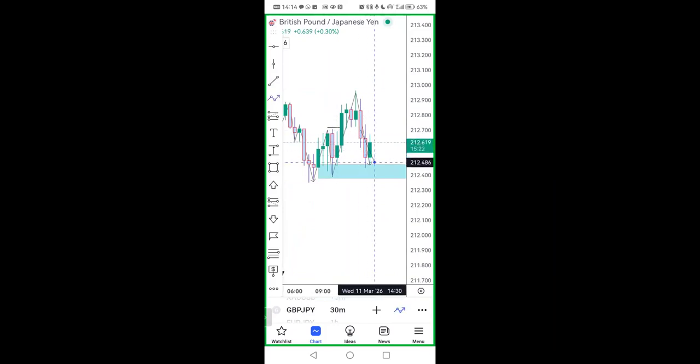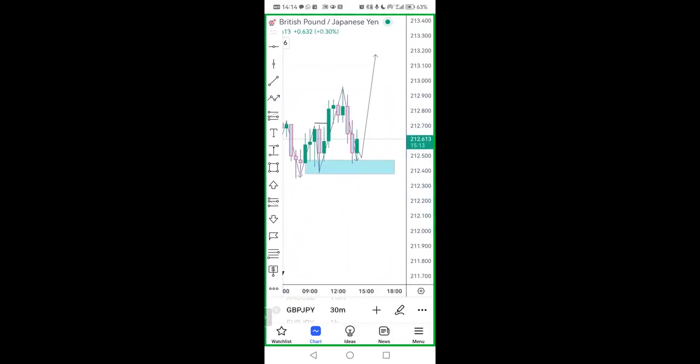If it comes back down, we're expecting price to push up from this level. But if it goes and closes below these zones, then we know definitely that price has a higher potential to go further down.